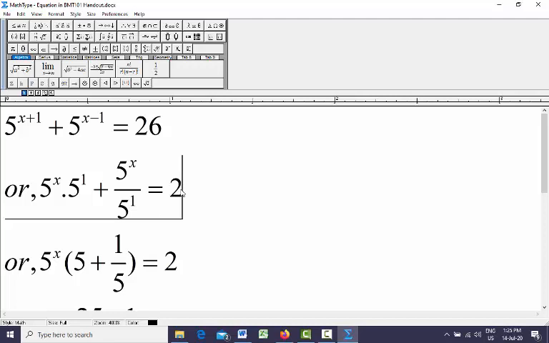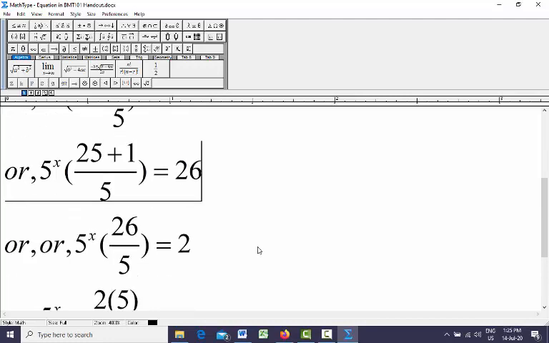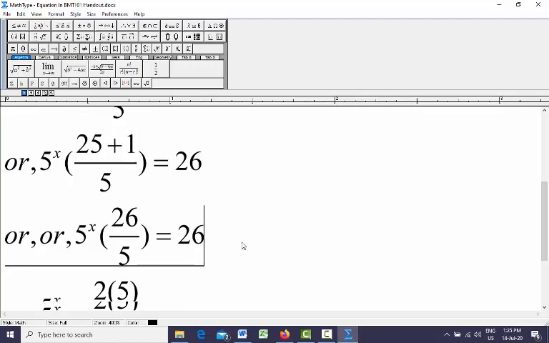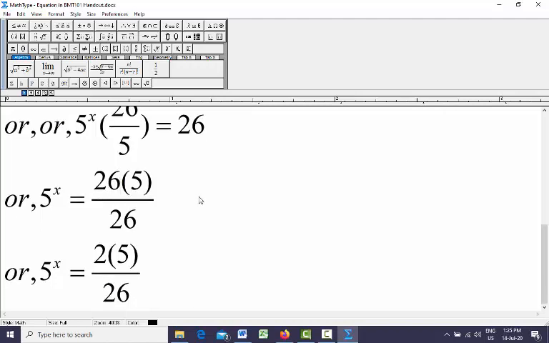Oh my god, I made a mistake. Here it was 26, here it was 26, right? I was wrong. Here it was 26. So that means here we will have 26, so 26 multiplied by 5 divided by 26.